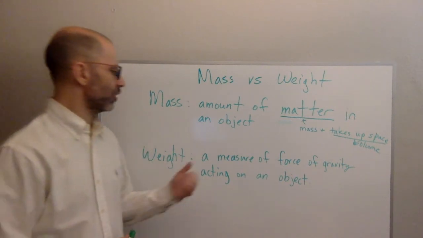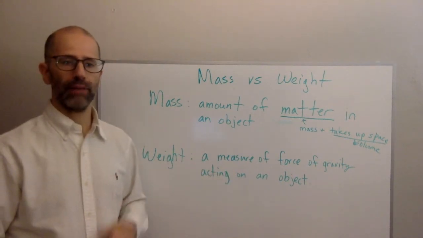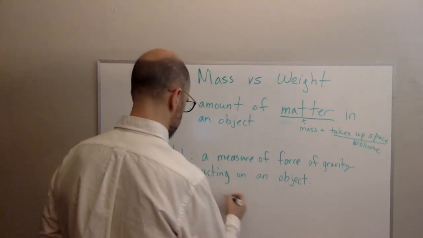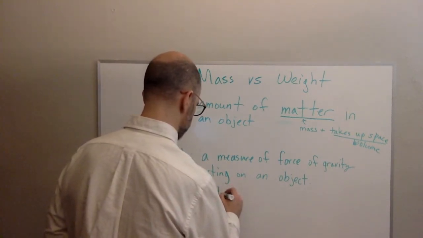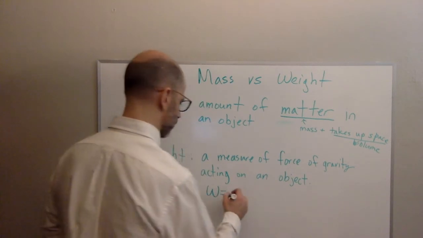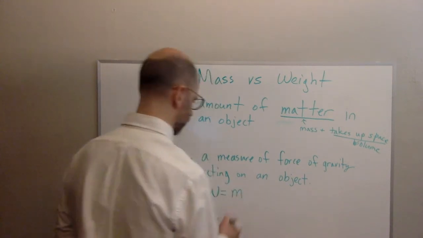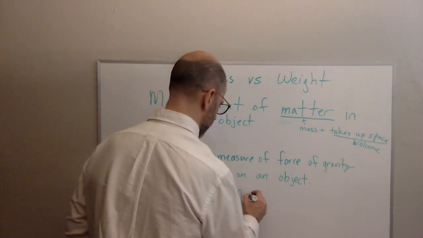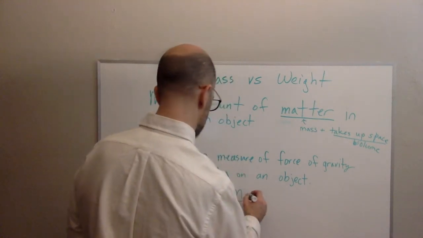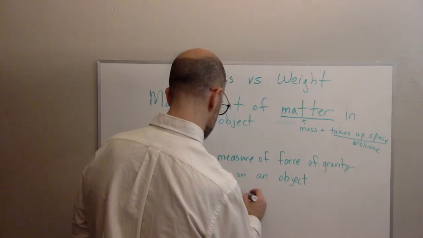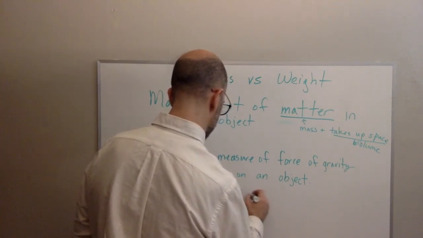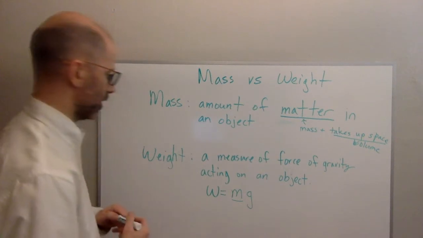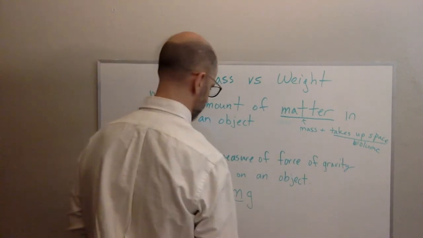Weight is going to be a measure of the force of gravity. So if you remember in physics, weight is equal to the mass of the object multiplied by the amount of gravity.